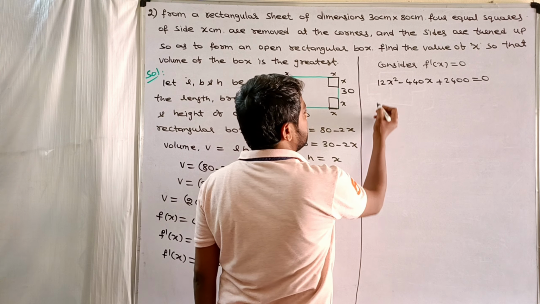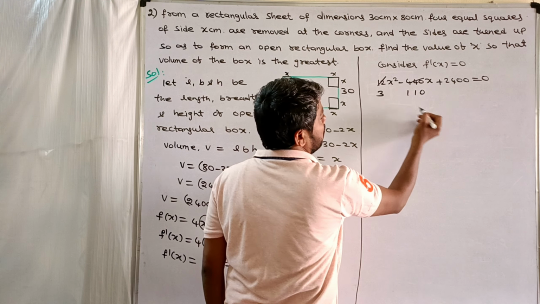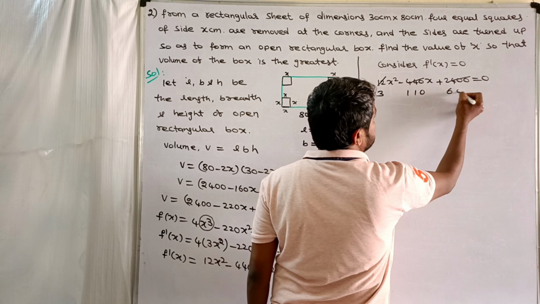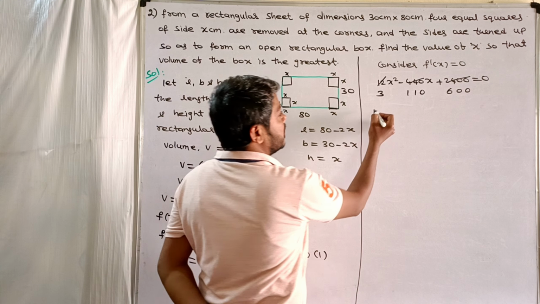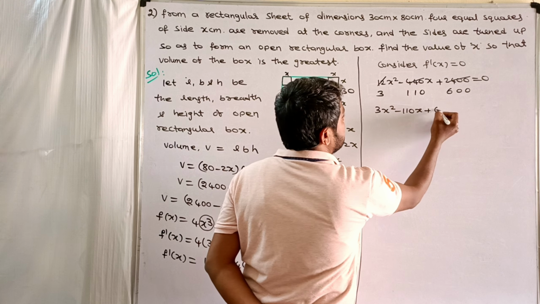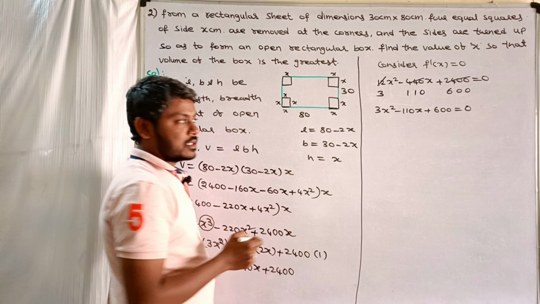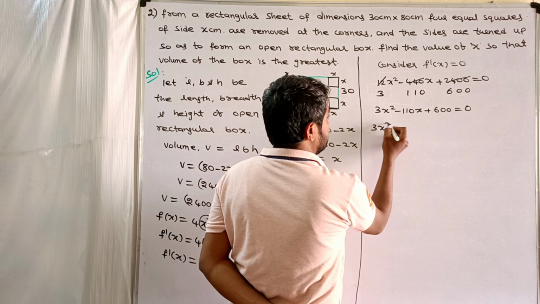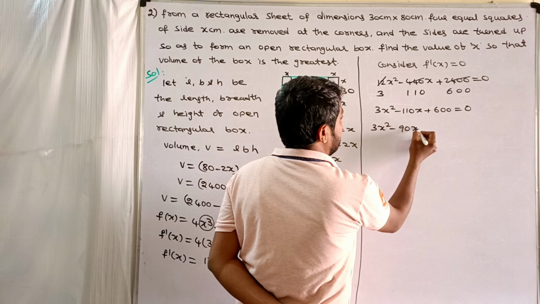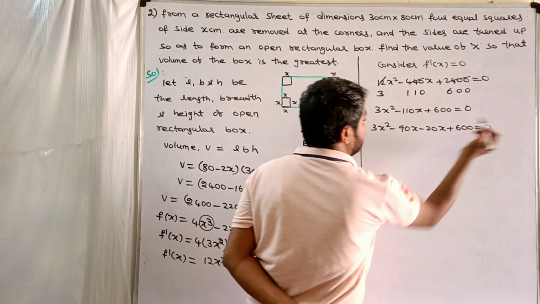So we can take 4 common. 4 3s are 12, 4 110s are 440, 4 600s are 2400. So that is 3x square minus 110x plus 600 equals 0. So clearly, to find the factors: 3x square minus 90x minus 20x plus 600 equals 0.